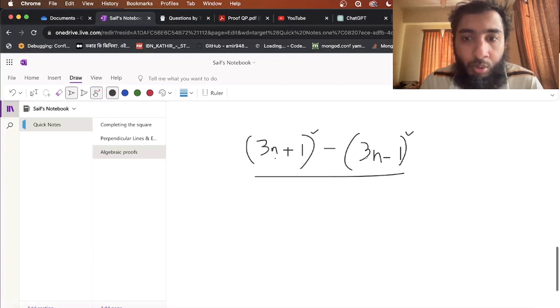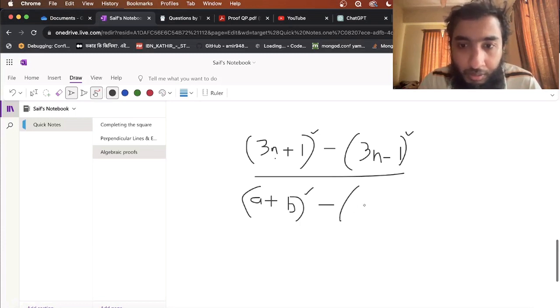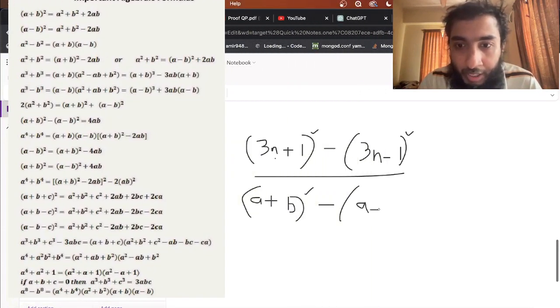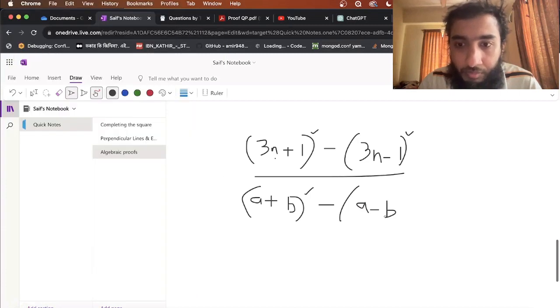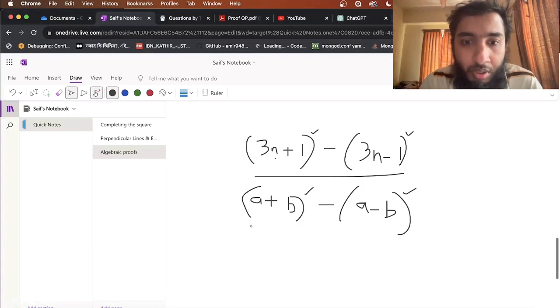So if you look closely, I can use the formula of (a plus b) whole square minus (a minus b) whole square to get another expression, or use two different formulas of (a plus b) whole square and (a minus b) whole square.